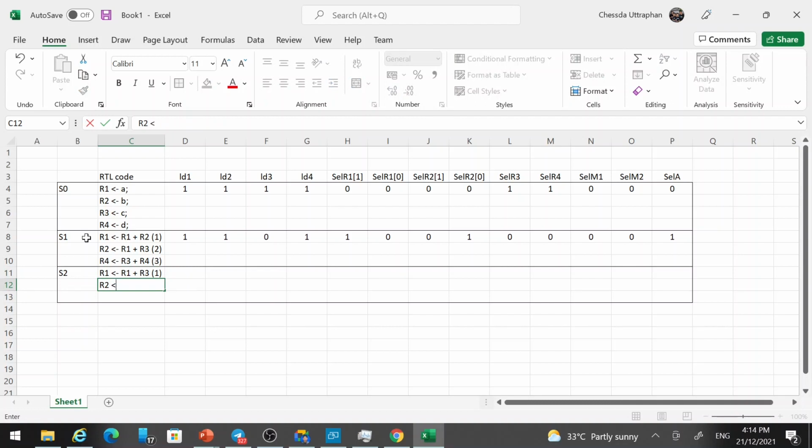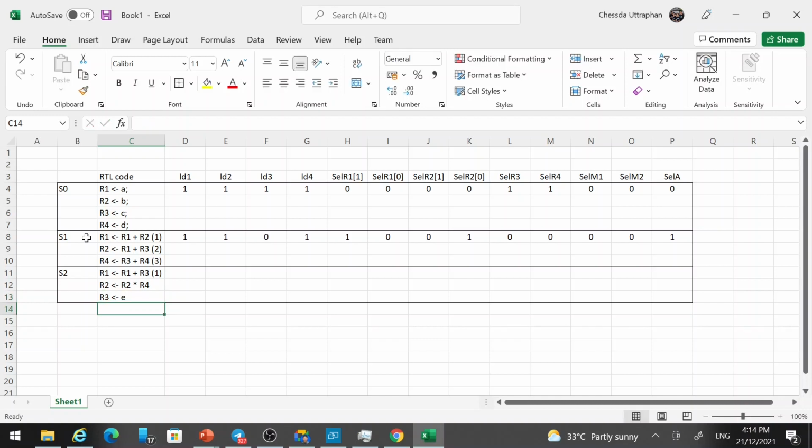R2 multiply R4 by R4, and we have the last one, R3 is loaded with E.